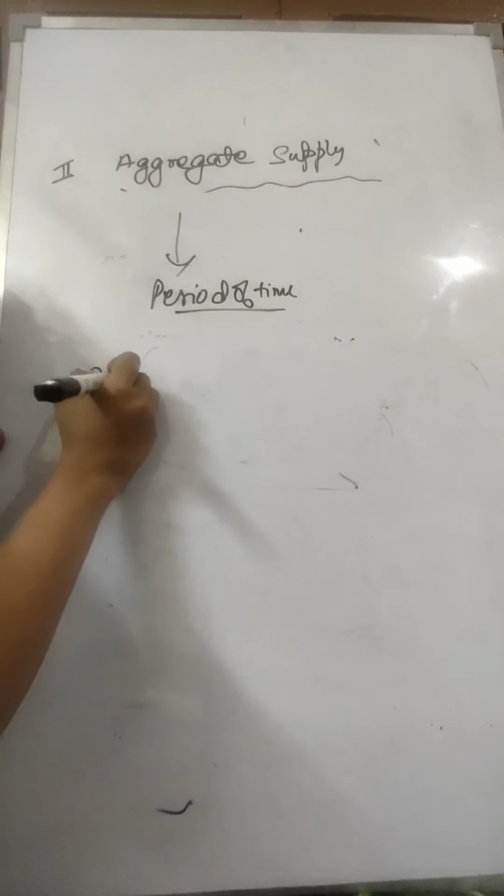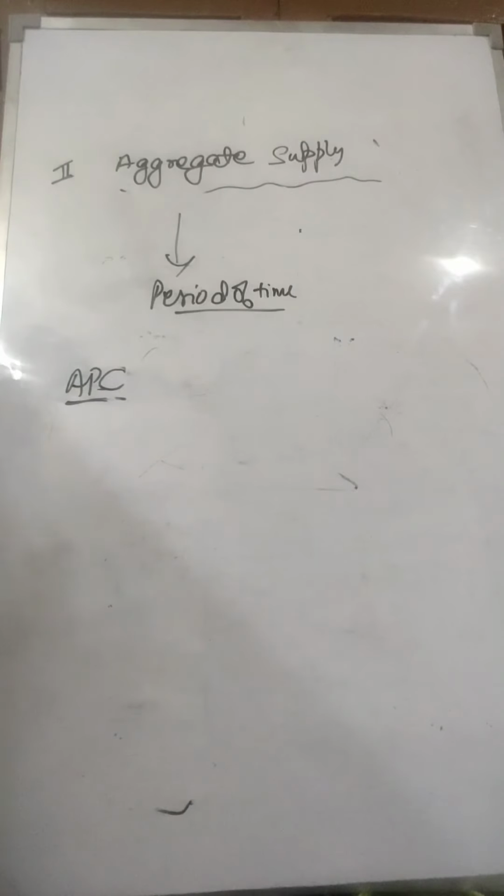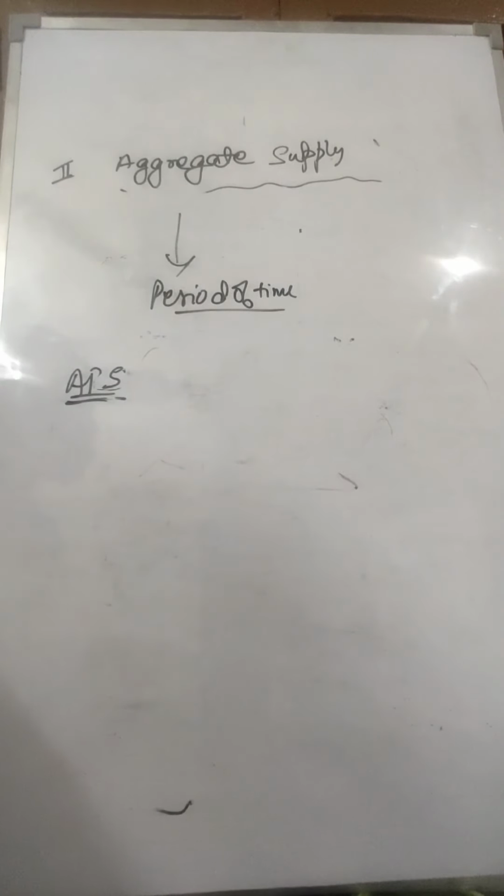Now coming to aggregate supply again, we are studying average propensity to save now, that is APS, and APC, that is average propensity to consume. Whenever you are consuming, the other thing you are doing is savings.